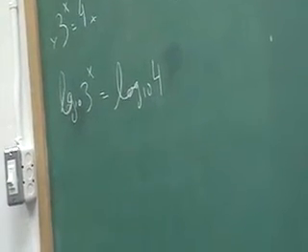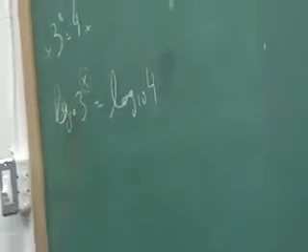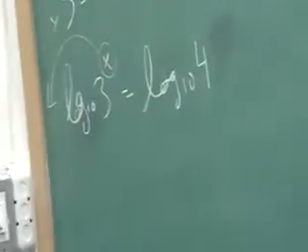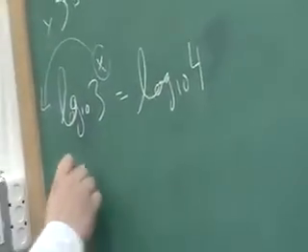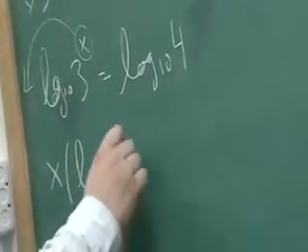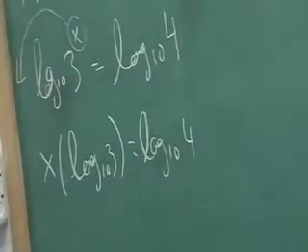Okay, now we're looking at a log. If there's a number here, or any kind of coefficient here, it's just the same thing to put it out here. So it's x log base 10 of 3 equals log base 10 of 4.